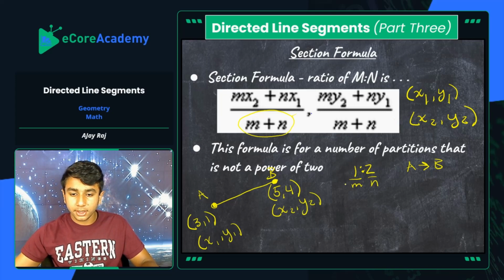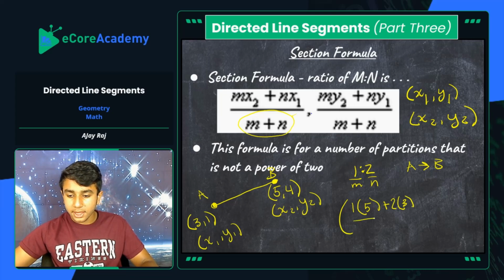We'll multiply that into the section formula, and that's going to be 1 times our x2 value, which is 5. So 1 times 5 plus n, which is 2, times our x1 value, which is 3. And then we're going to divide that by m plus n, which is 1 plus 2. Separate that with a comma.